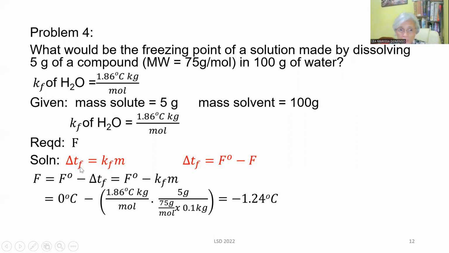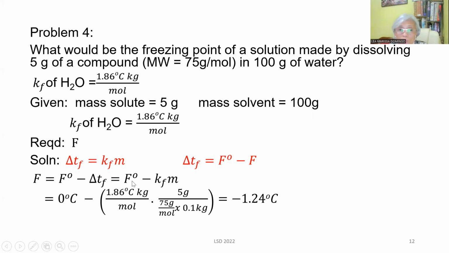So we know that delta T sub F is equal to K sub F times M. And delta T sub F is equal to F superscript minus F, or freezing point of pure solvent minus freezing point of the solution. Okay. So rearranging, the freezing point of the solution is equal to the freezing point of pure solvent minus delta T sub F. But delta T sub F is equal to K sub F times M. Okay. So just substitute the data.